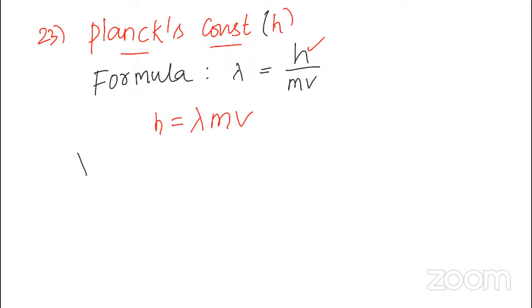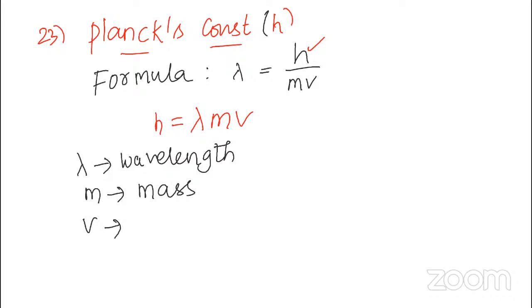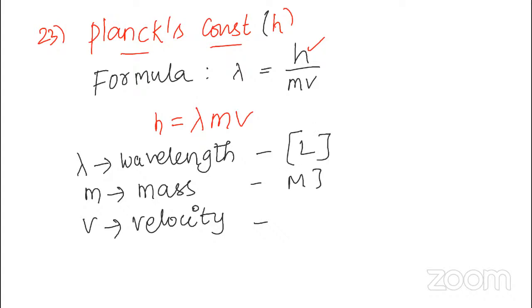Now what is lambda? Lambda is nothing but the wavelength, m is mass, and v is velocity. Now write all these things. For wavelength, the dimension is L, for mass it is M, and for velocity, L T power minus 1.